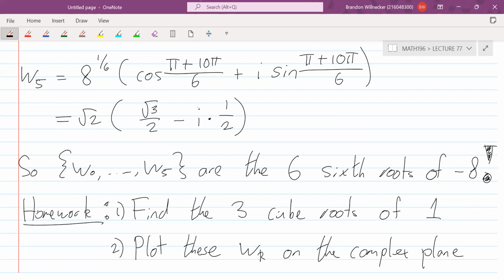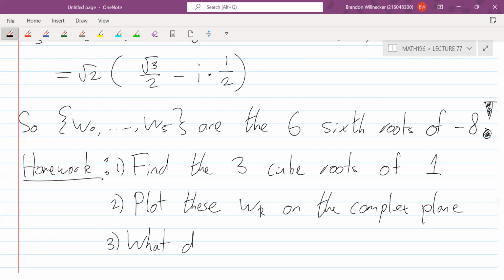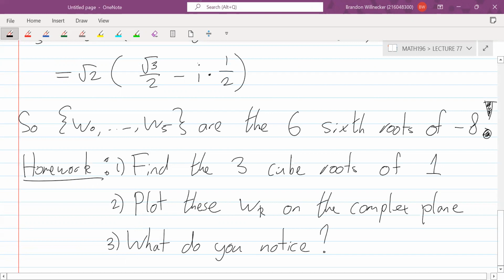So you're going to get 3 solutions. Put points on the complex plane. So plot them. And number 3, what do you notice? Okay, so you will see something very interesting when you plot these roots on the complex plane. So this is just the 3 cube roots of 1.